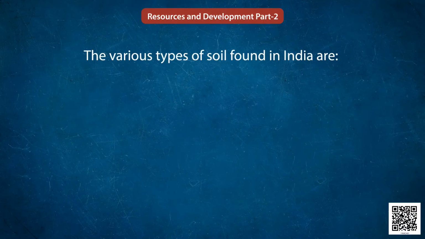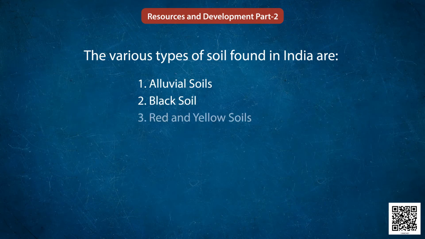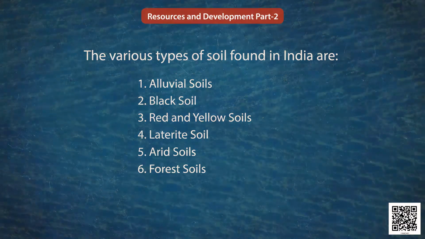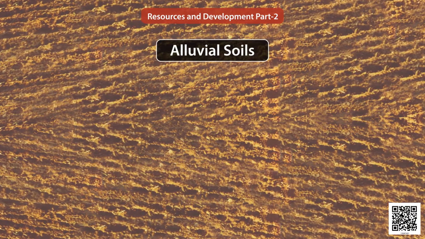The various types of soil found in India are alluvial soils, black soil, red and yellow soils, laterite soil, arid soils, forest soils. Let's talk about alluvial soil first.